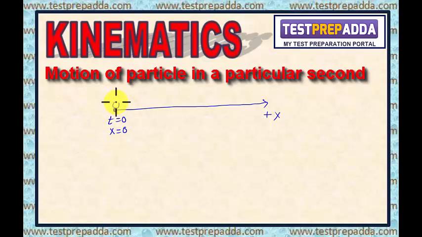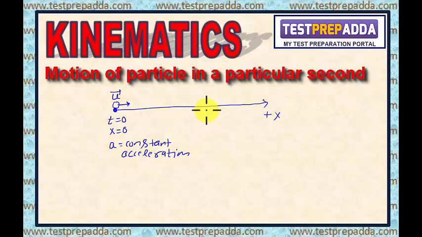So the particle is here, it is moving in the x direction with constant acceleration. And initial velocity of the particle, let us say u.